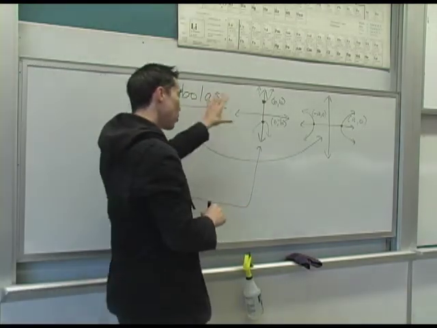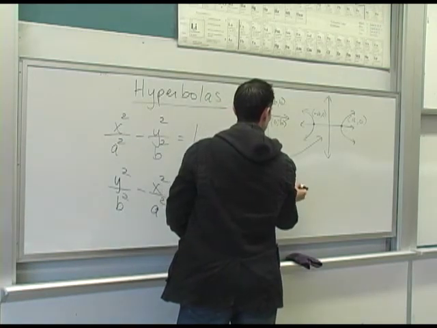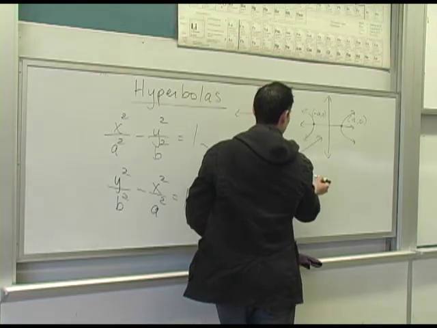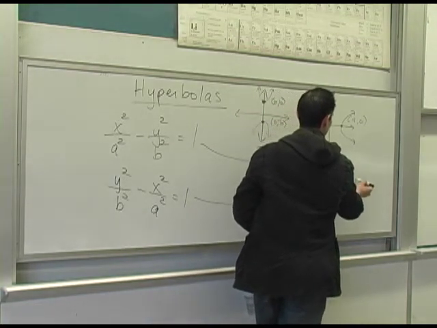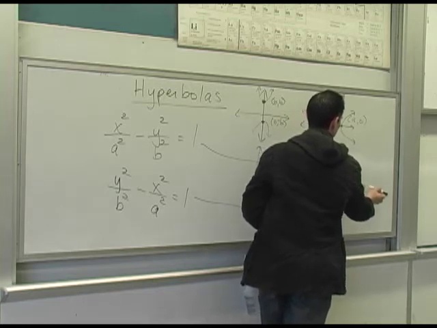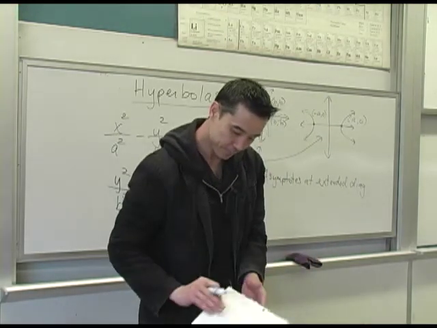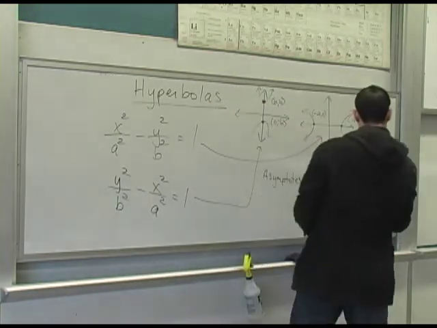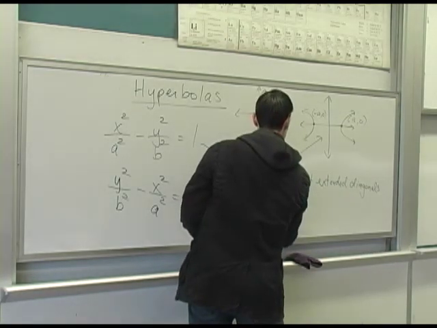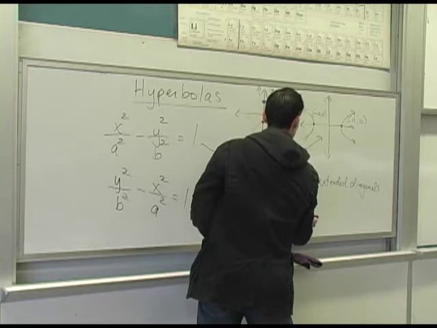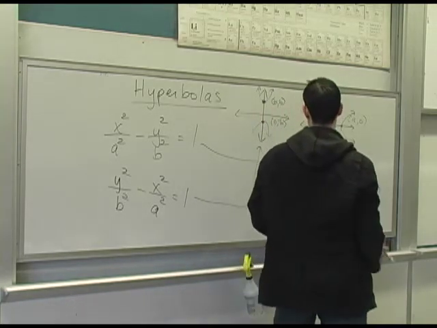Both graphs will have asymptotes at the extended diagonals of the rectangle with the points, every combination.